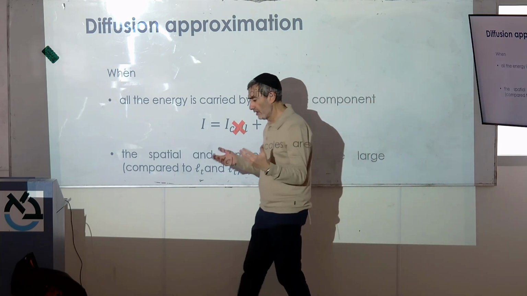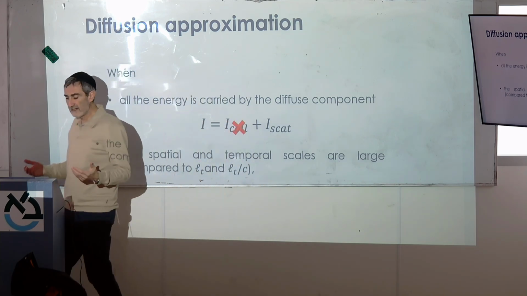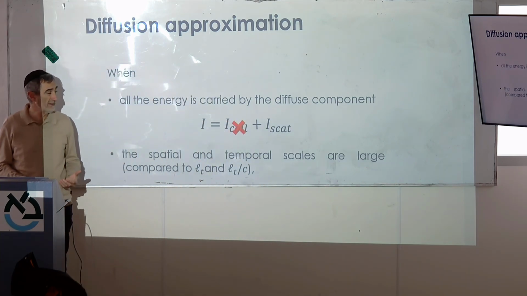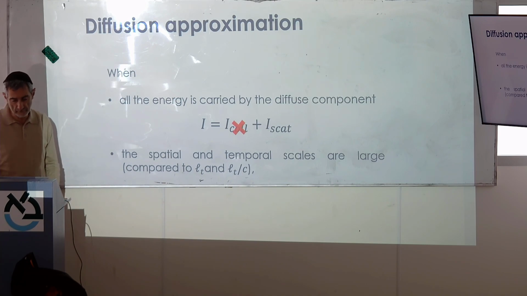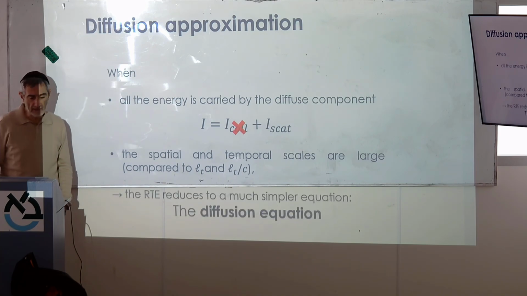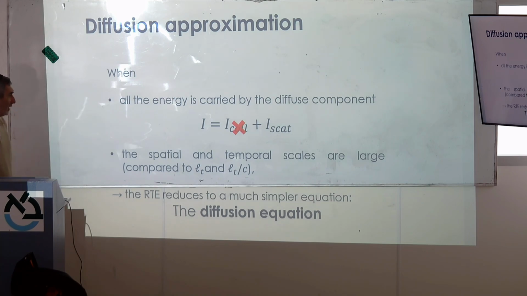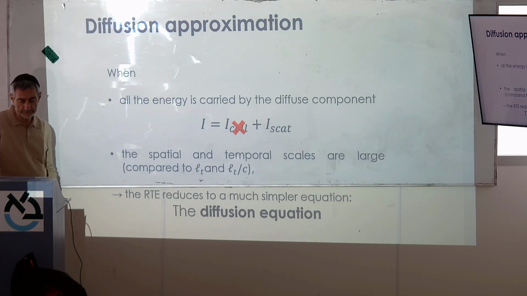So now our characteristic length is not anymore the scattering mean free path, but the transport mean free path, which can be longer than the scattering mean free path. So in that case, I will show you that the radiative transfer equation can reduce to another equation, which is called the diffusion equation, which is a much simpler and more tractable equation to solve.